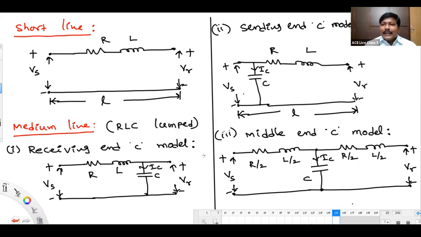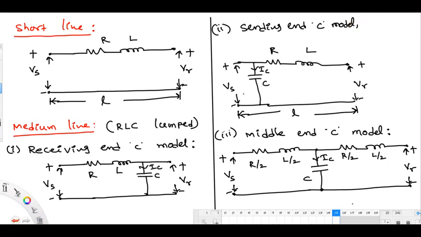And the next one is the two-sided capacitor model, or double end capacitor model, with C by 2 and C by 2.